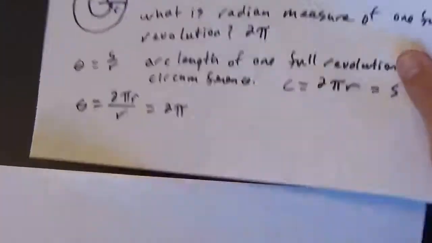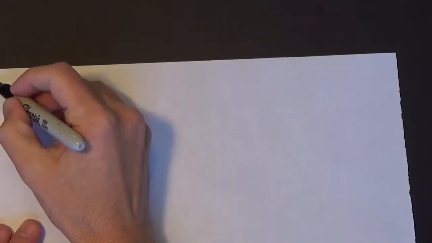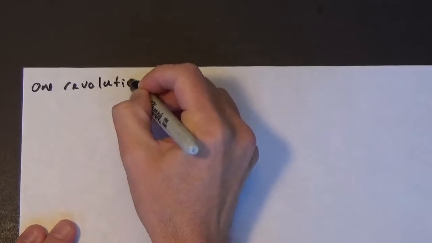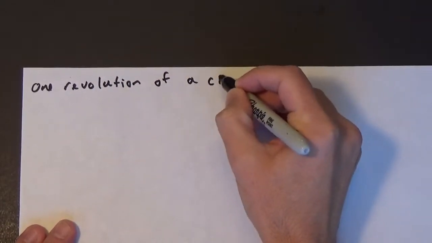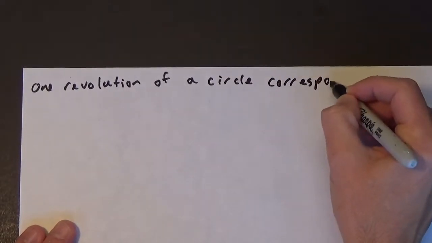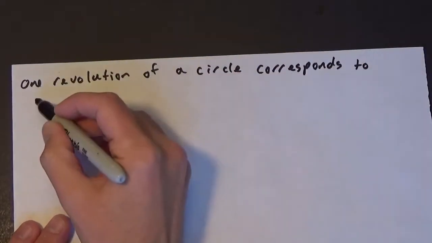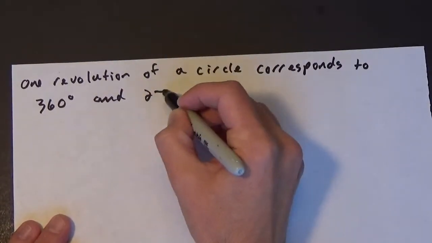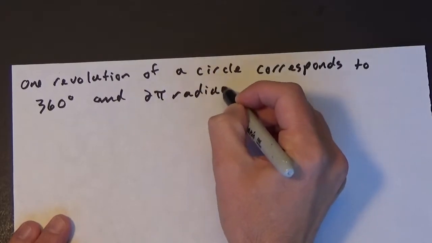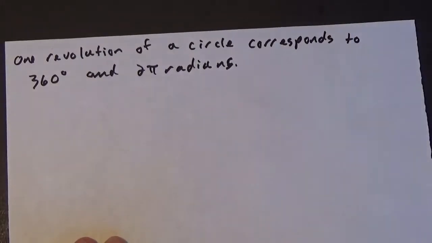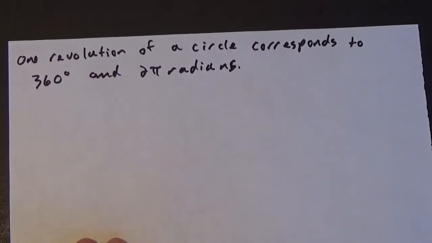We now know that one revolution of a circle corresponds to 360 degrees and 2 pi radians.